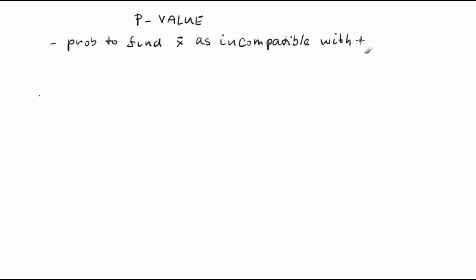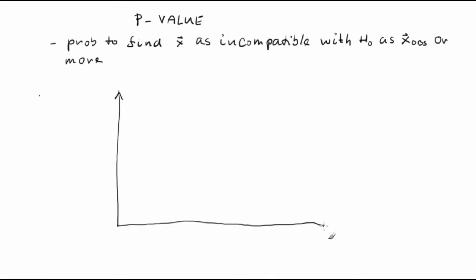Another term we have to introduce is p-value. In a nutshell, p-value is the probability to find data as incompatible with H0 as the observed data or more. Recall that the compatibility with H0 is judged based on the alternative hypothesis H1.